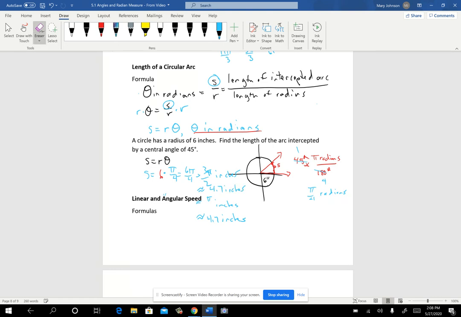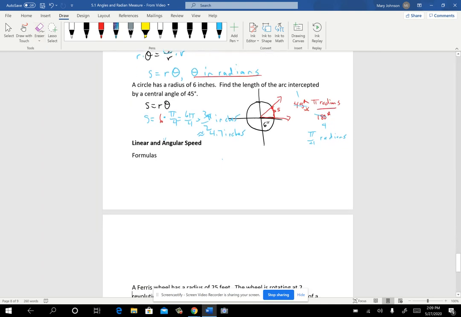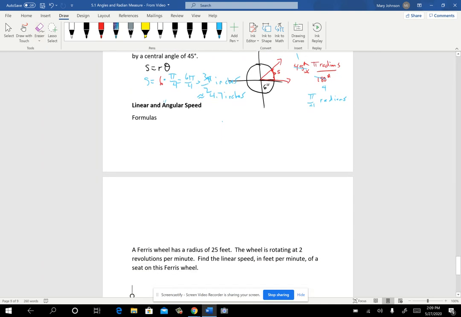And let me get rid of this right in here so I have room. All right, so let me get to the linear and angular speed formulas. All right, so let's take a look at these.